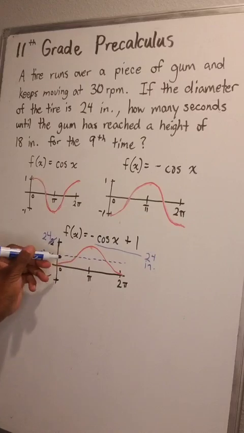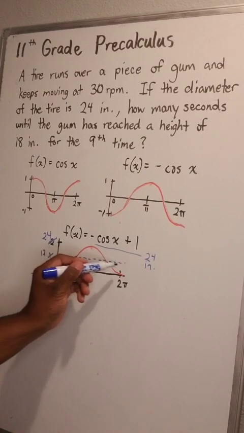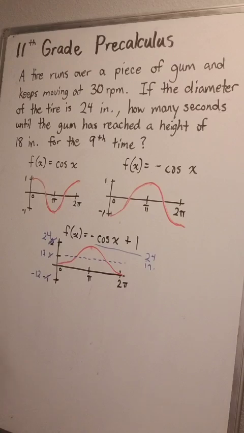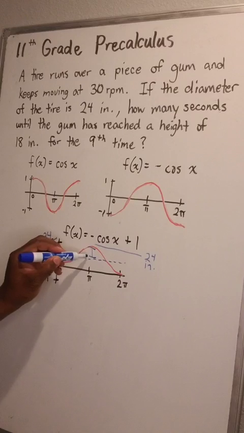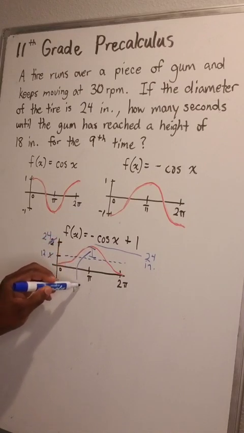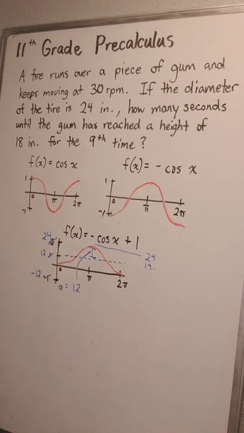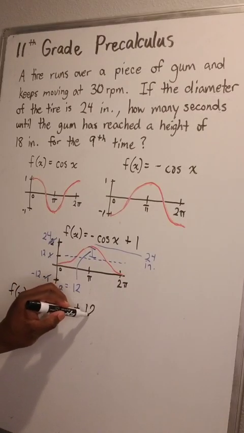Because this dotted line is now the new median or middle axis of this sinusoidal function, the amplitude here is going to be 12, or A equals 12. So again, we've shifted our function up by 12 and the amplitude is 12. So then that means that we can rewrite this function as f of x equals -12 cosine x plus 12.